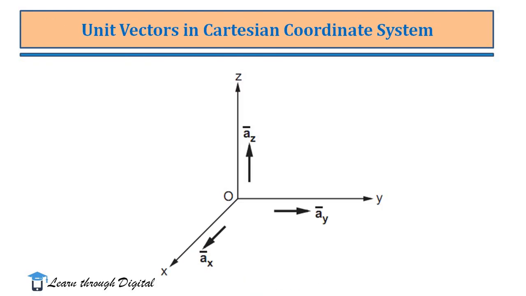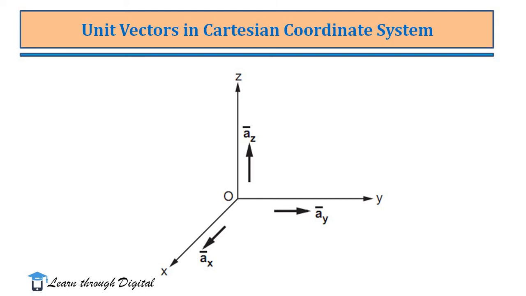Base vectors or otherwise unit vectors in Cartesian coordinate system. The base vectors or the unit vectors which are strictly oriented along the directions of the coordinate axis of the given coordinate system. So for the Cartesian coordinate system, the unit vectors are oriented in x, y and z axis. So it is represented as ax vector, ay vector and az vector are the three base vectors or unit vectors of Cartesian coordinate system.